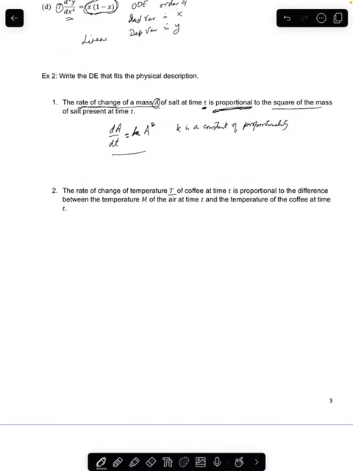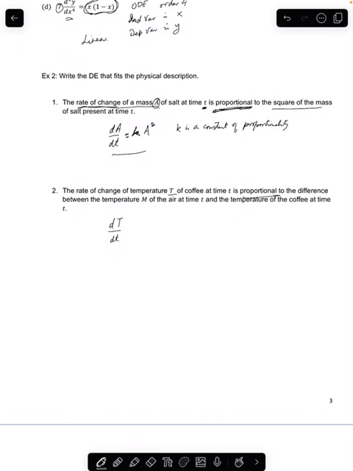So what are we talking about? The rate of change of the capital T with respect to the little t, where the capital T, or the uppercase T, is the temperature of coffee at any time, and the little t denotes the time. So it says the rate of change of temperature T of coffee at time t is proportional.